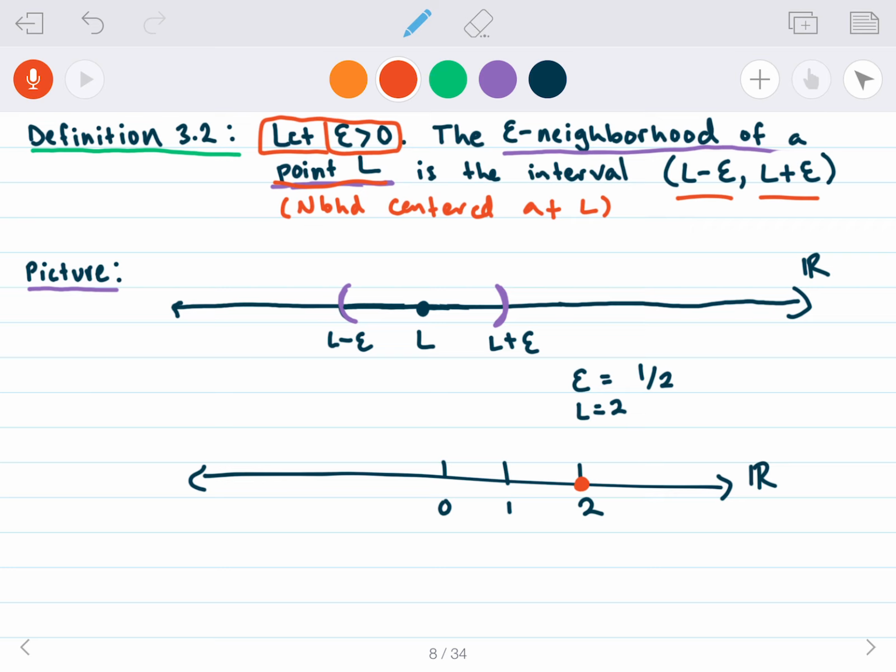And I'm going to go out 1/2 to the left and 1/2 to the right. So 2 minus 1/2 is going to give me an endpoint at 1.5. So this is 2 minus 1/2. And then the other endpoint is going to be at 2 plus 1/2. So 2.5, and here's 3.